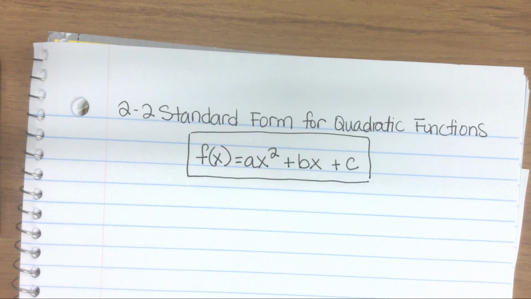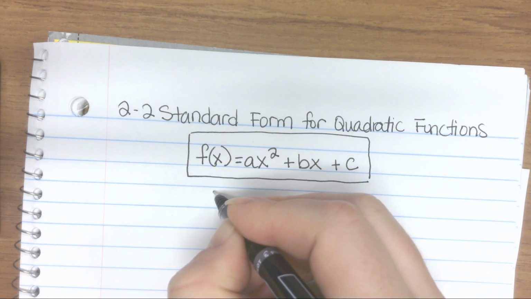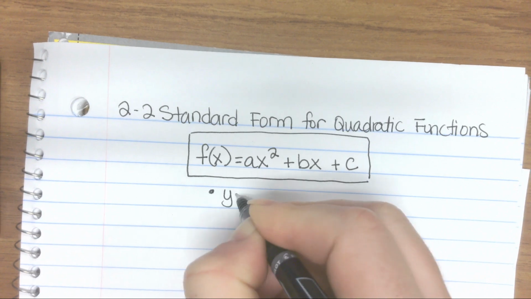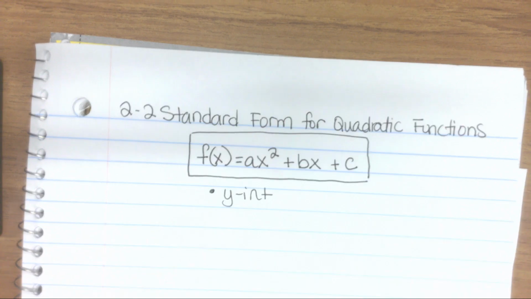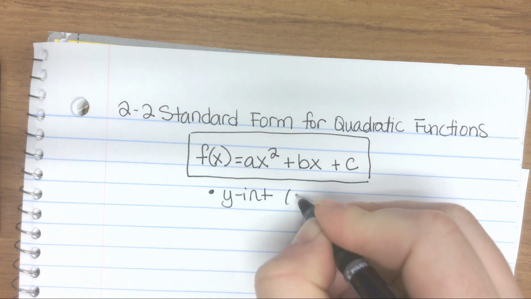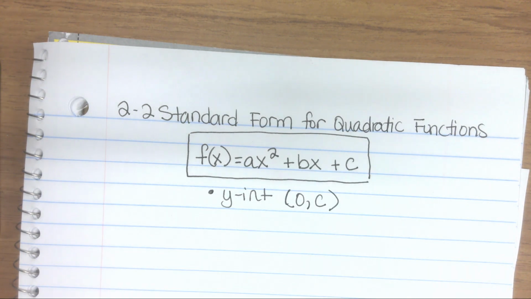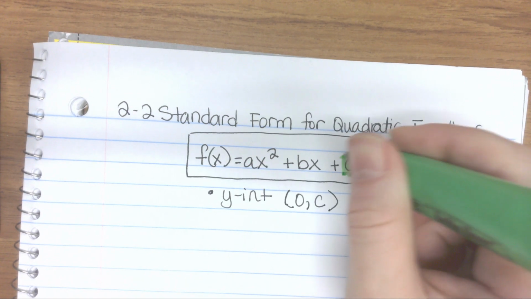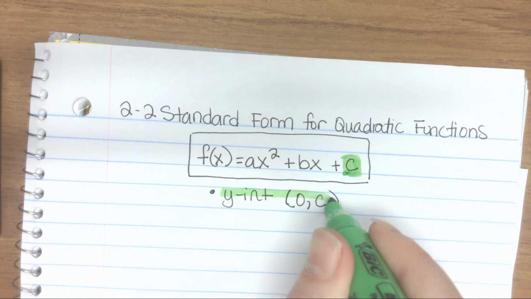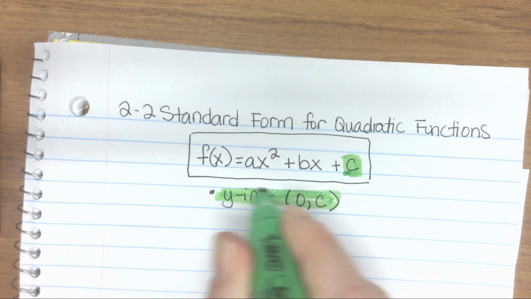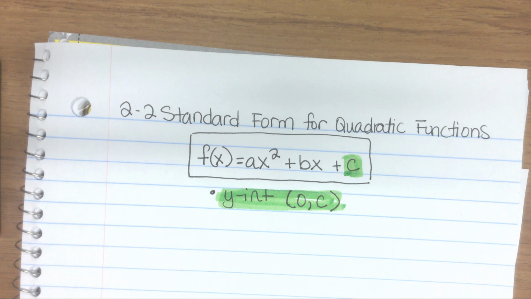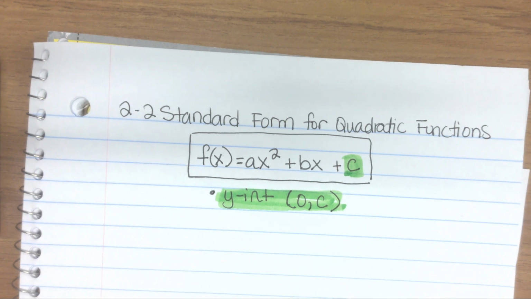So what we're going to know about standard form right off the bat is that the y-intercept has coordinates of (0, c). Okay, y-intercept has coordinates (0, c).